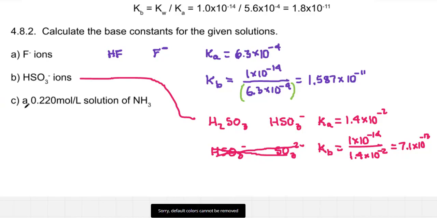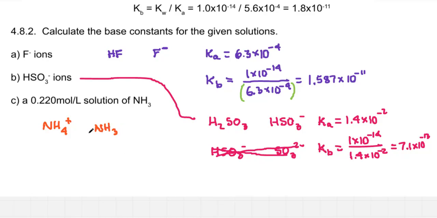Let's see if we can do one more of these. A 0.220 mole per liter solution of NH3. Okay. Before I get into that, the row we're looking for on the acid-base table shows ammonium as the acid and ammonia is its conjugate base.